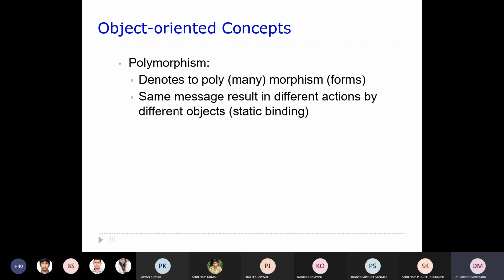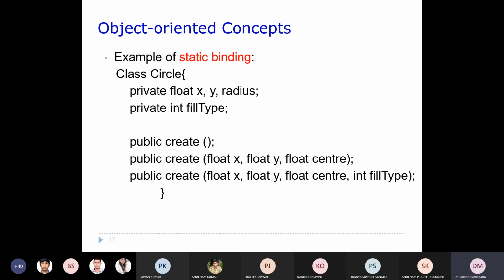As I told you, you have methods with different signatures. Some messages result in different actions by different objects. Now you can think of this as a very good example of static binding, or method overloading.